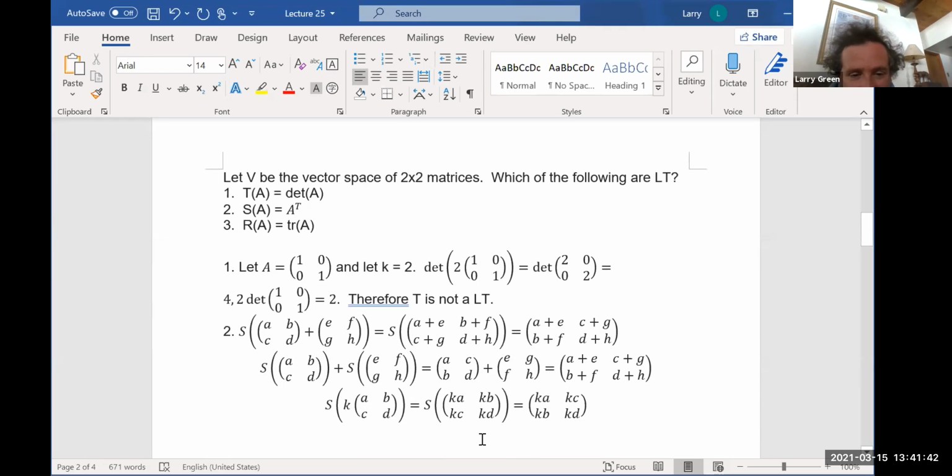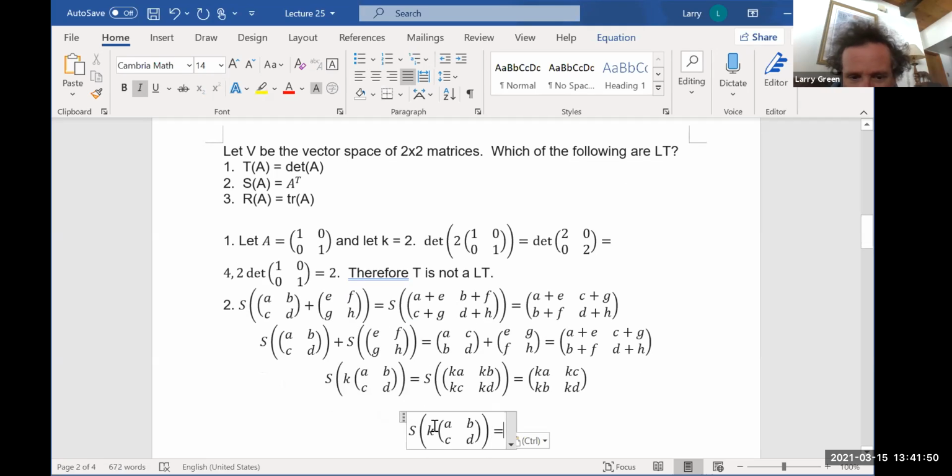Okay, so now I just do the same thing, but I have the K outside and see what happens. So K times S of ABCD is equal to K times the transpose, which is ACBD.